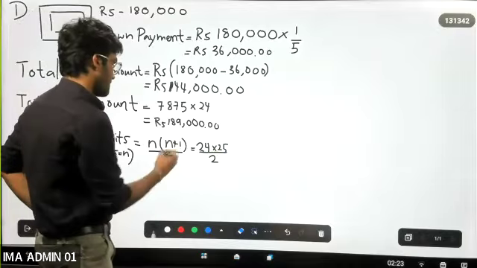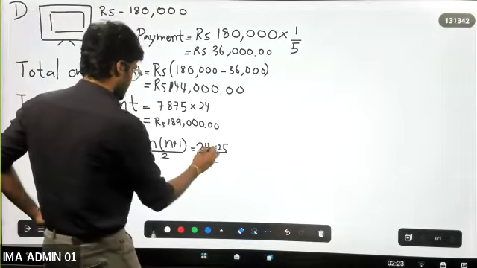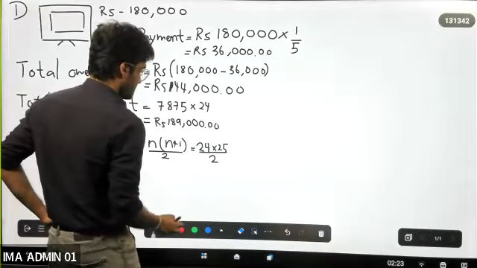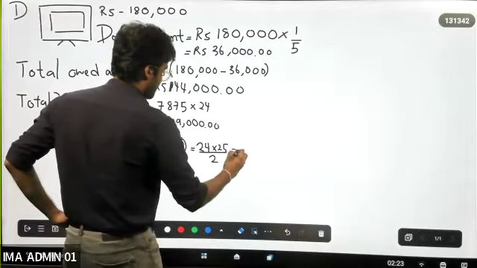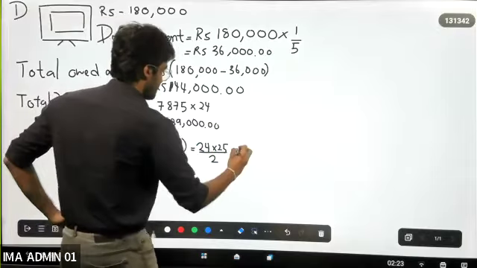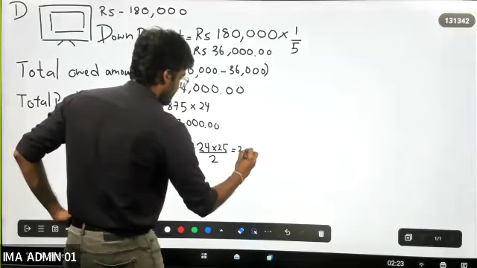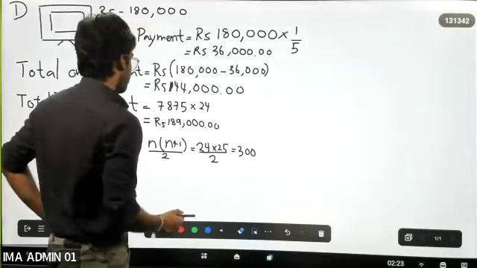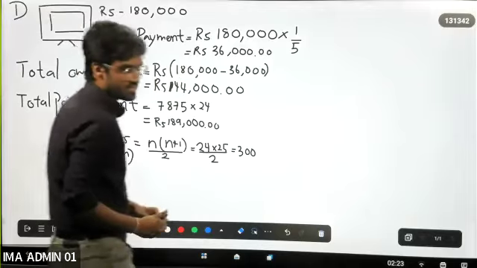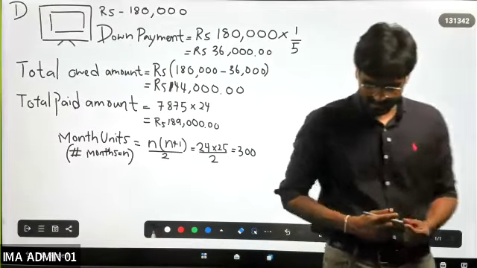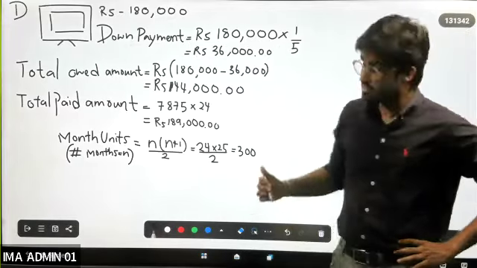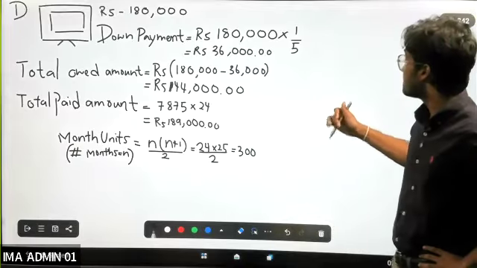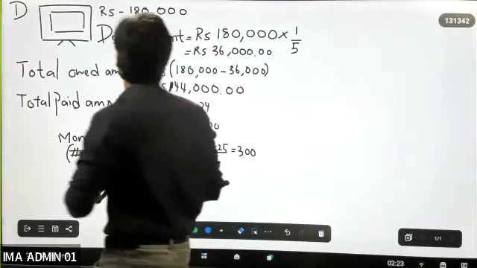So when we do the calculations, 12 multiplied by 25, it would be 300. Right. So that's the month units. Why are we calculating this? And also we have to find out the total interest as well.